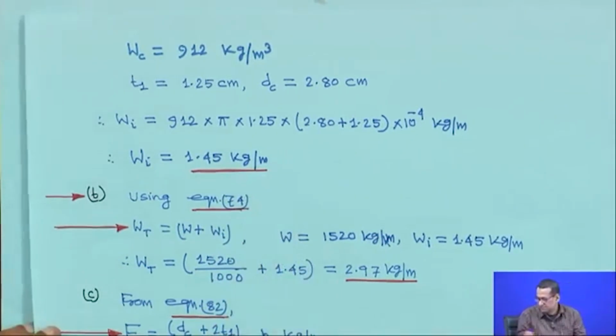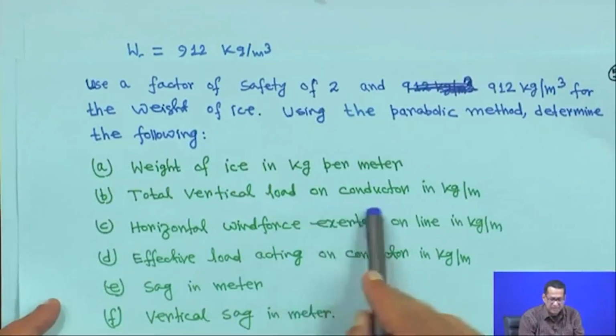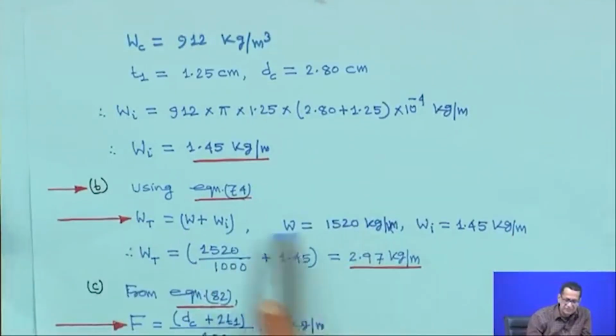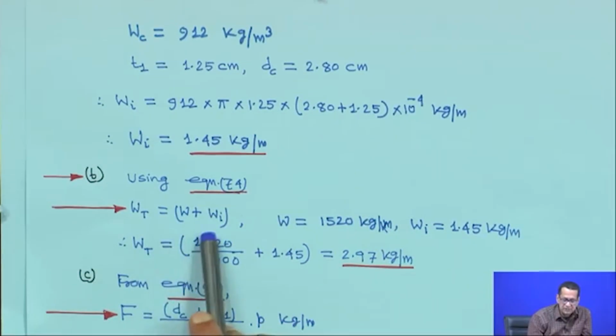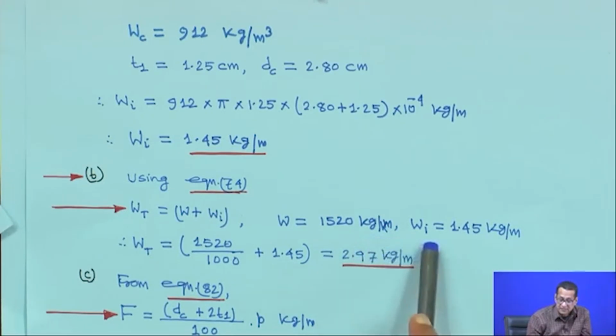Now, next in B it is asked that you find out the total vertical load on conductor in kg per meter. Using equation 74, W_t is equal to W plus W_i. W is given as 1520 kg per kilometer, so you divide by 1000, which is 1520 divided by 1000 kg per meter, and the weight of ice is 1.45 kg per meter.